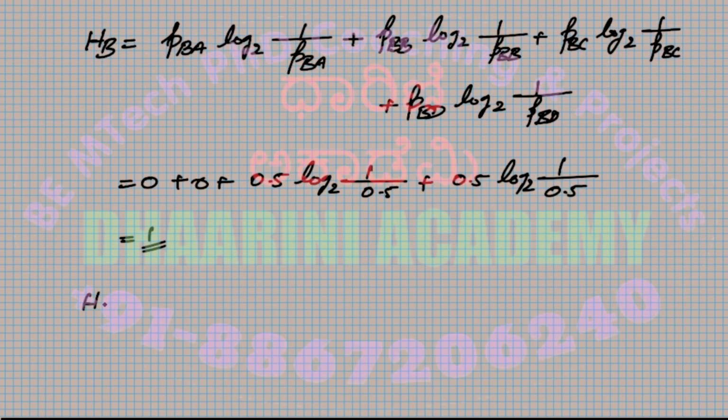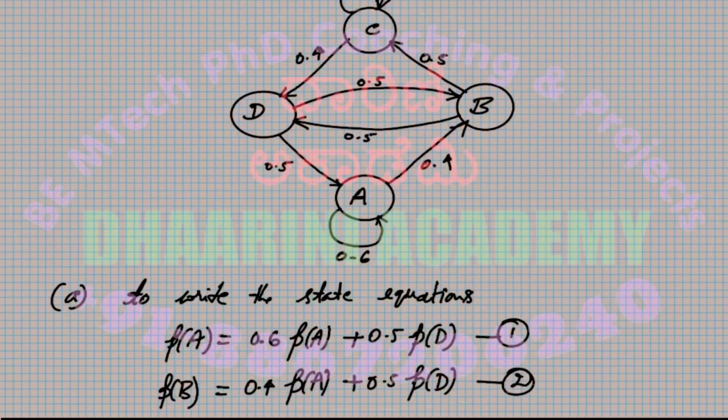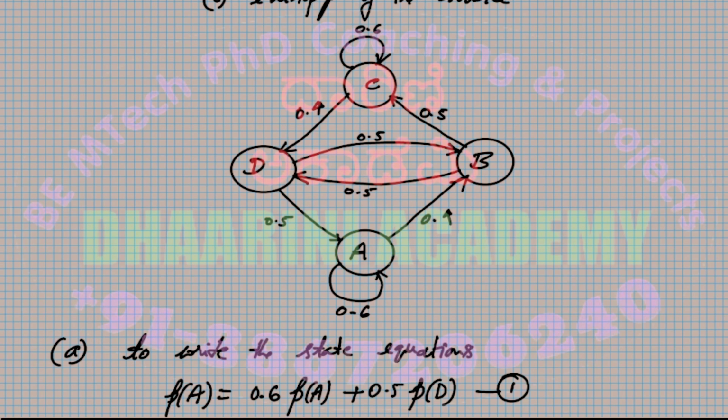Now we'll calculate HC, entropy of the third state, that is C. So right, I'll directly go and check and directly write. No need to write the equation. So I wrote the equation just to make you comfortable with what we are trying to write. Okay, from C to C I have, C to D also we have. In the sense, no C to B, no C to A. Right, only the terms which we have will write. So one is 0.6, other one is 0.4.